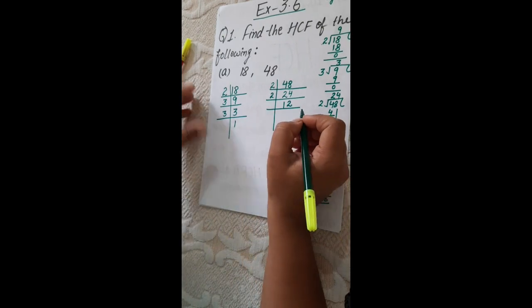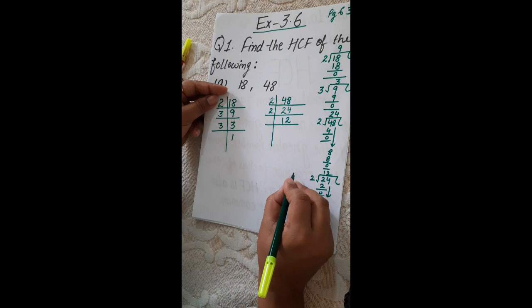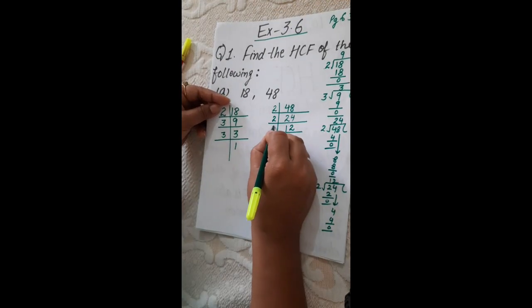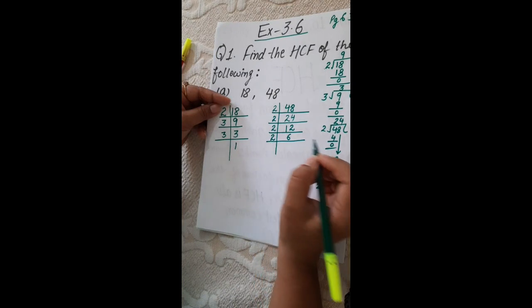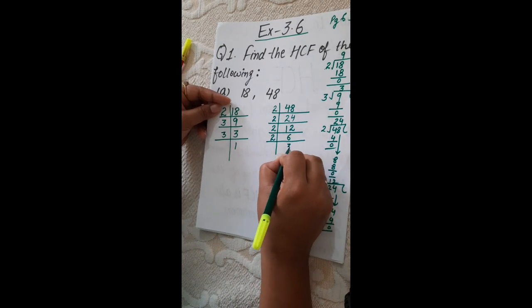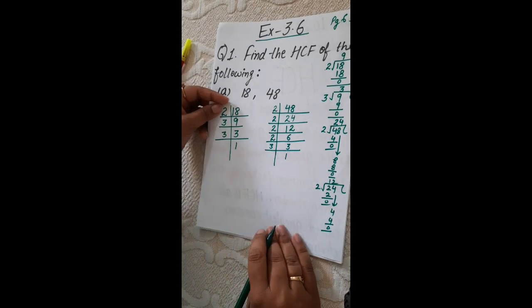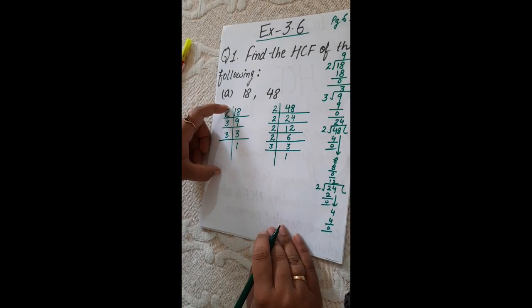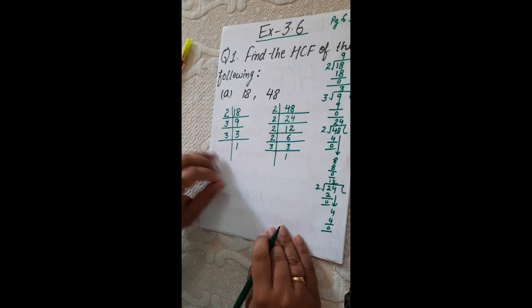Again 12 is divisible by 2. When you divide 12 by 2, you will get 6. Then again 6 is divisible by 2 and we will get 3. Then 3 1s are 3. So these are the factors of 18 and these are the factors of 48.